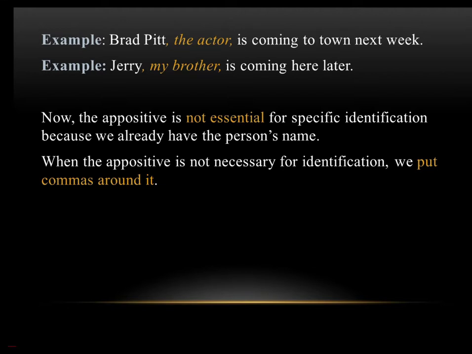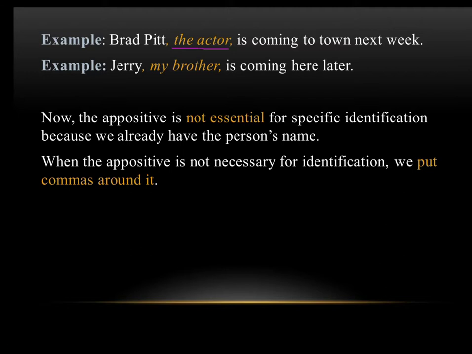If I turn this sentence around and I start with Brad Pitt, the actor's name, then I know who I'm talking about because I have his name. Now, the appositive still follows the definition. It is a noun that renames the noun it follows, so it comes afterwards. And now my sentence says Brad Pitt, the actor, is coming to town next week.